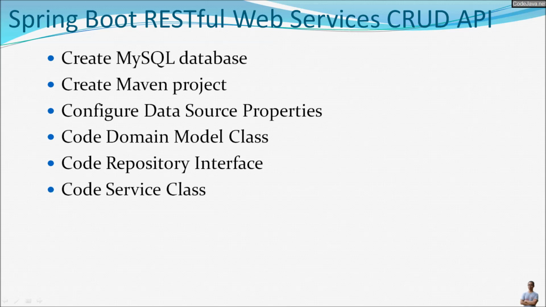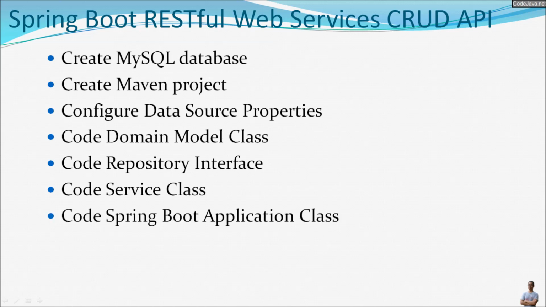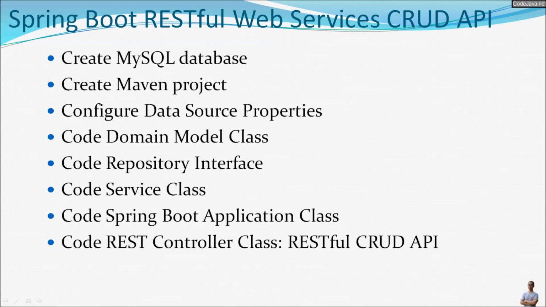And then we code a Spring service class, and then we code the Spring Boot application class to run our Spring Boot application. And the most important part is we will code the REST controller class to expose a RESTful CRUD API to the clients. And finally, we test RESTful web services using a cURL program.